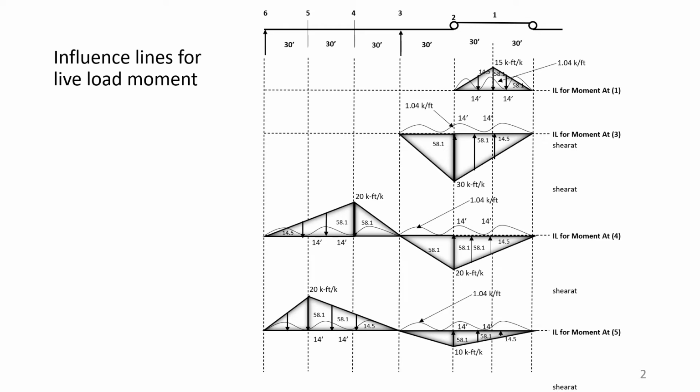But if we put this wheel at point 2, there will be a reaction, and this reaction will be 1/3, because if we put a 1 kip load at point 2, 1 into 30, divided by 90, the reaction at 6 will be 1/3.